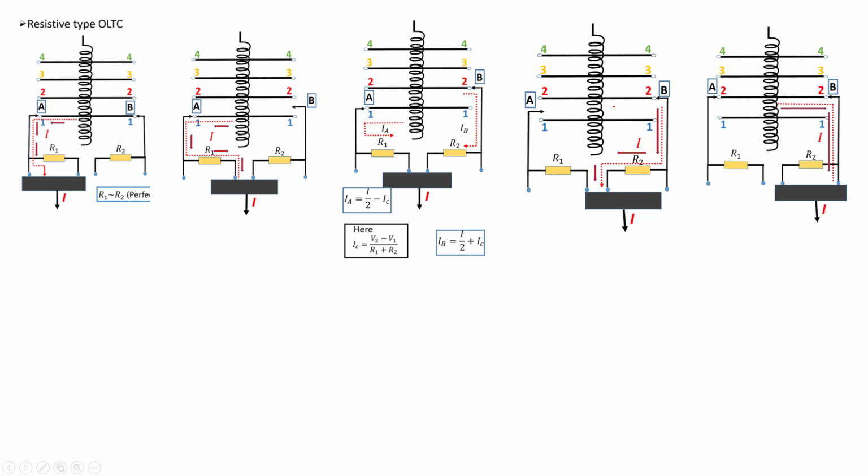Now, in the final case, let us name them: this is case A, case B, case C, case D, case E. Now in case D, what is happening here is the arm A is also lifted, because this arm already touched B, and arm B already touched this tab 2.